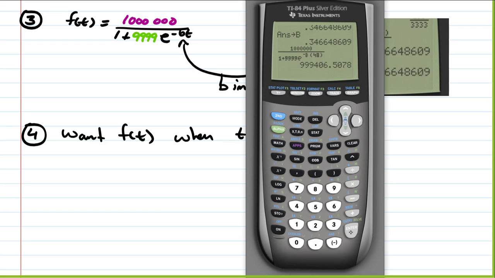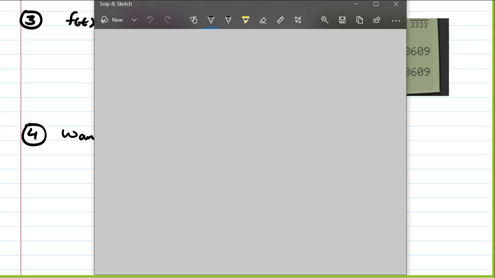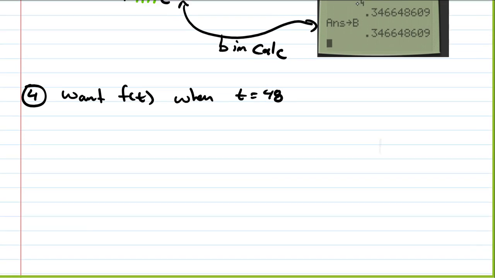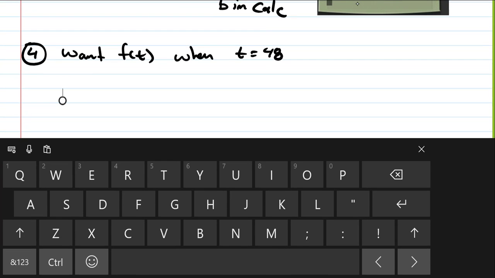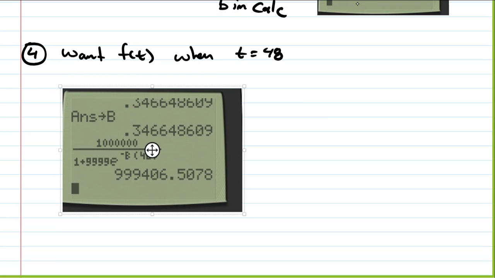And when we do so, we get the following amount out of our calculator. So 999,407, because you can't have a fractional bacteria.